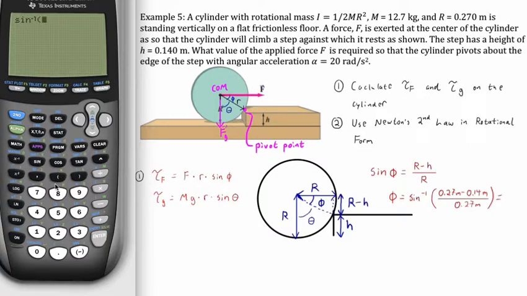All right. So sine inverse of 0.27 minus 0.14, and then divided by 0.27, close off the inverse trig, and we get 68 degrees. All right, so three sig figs, so 68.2. All right, great.